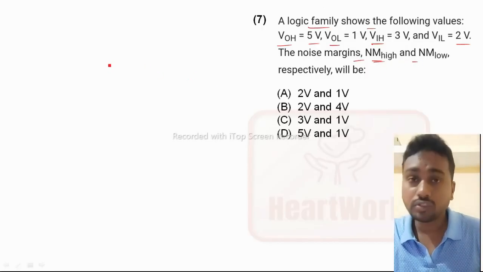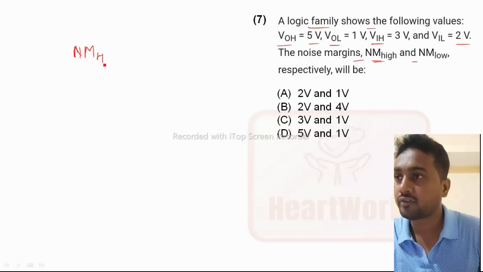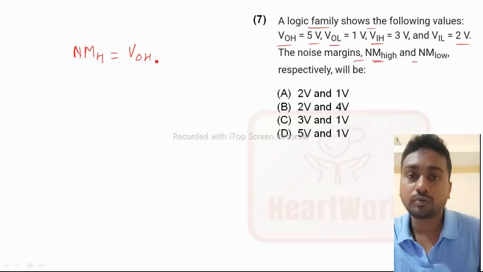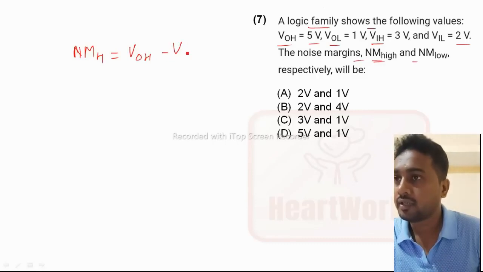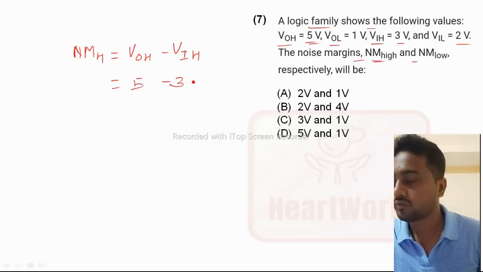If you calculate noise margin high, the formula is output voltage high minus input voltage high. VOH is 5 volt and VIH is given as 3 volt. So 5 minus 3 equals 2 volt.